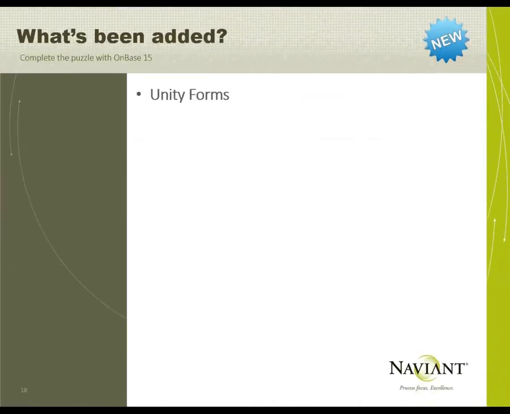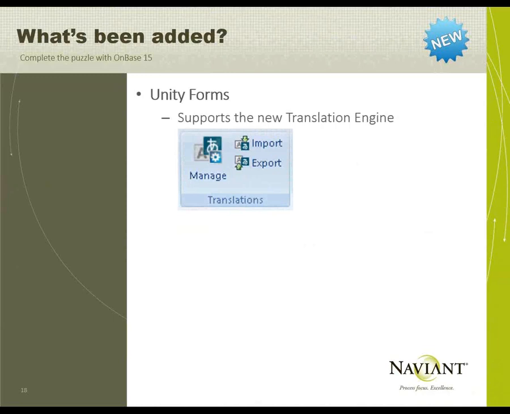All right, something other than workflow, Unity Forms. Unity Forms get some major updates in this version. First and foremost is the new translation engine is now supported by Unity Forms. And something to keep in mind, you're now going to see this in 15 in your ribbon at the top of your screen.